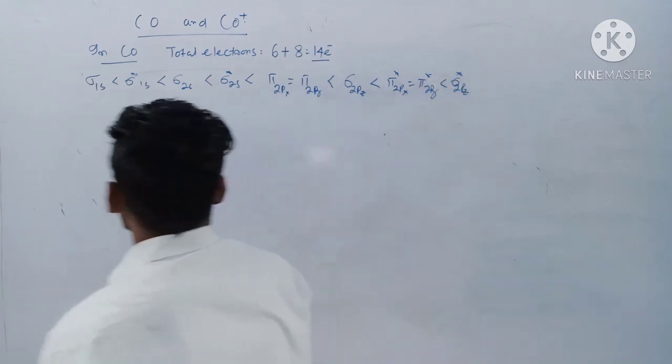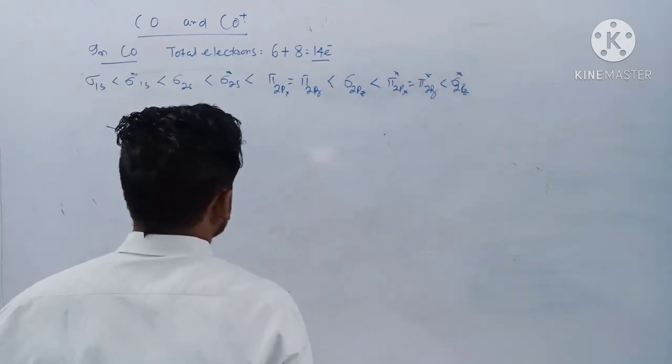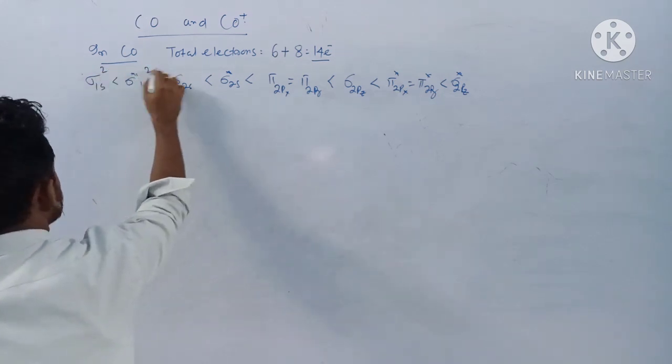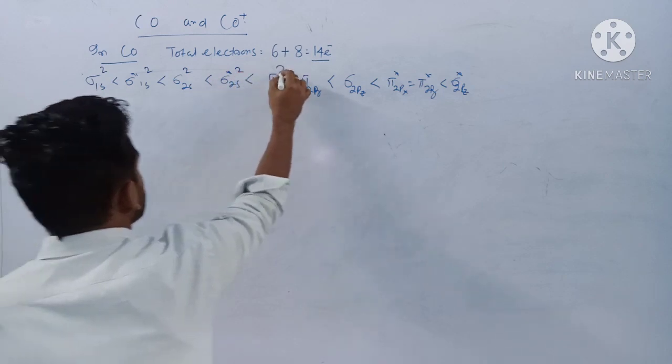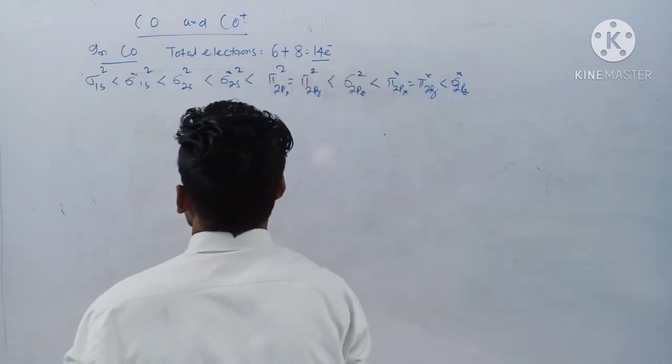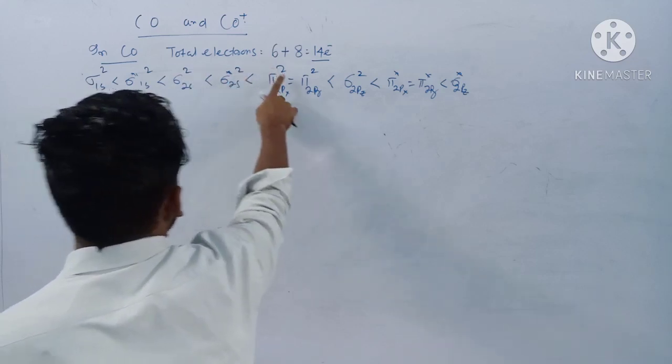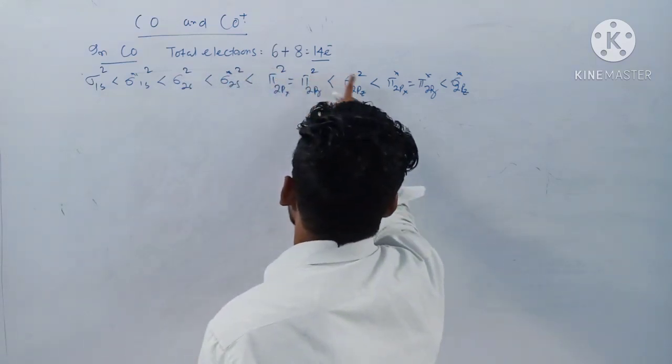This is the order. So 14 electrons, it's just like that of nitrogen. You have to arrange like this: 2 2 2 2 2 2 2. You just calculate 2, 4, 6, 8, 10, 12, 14.